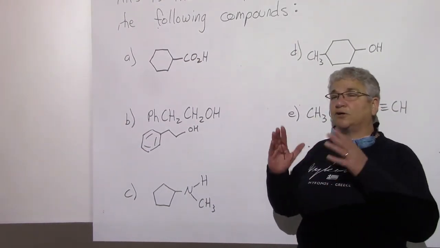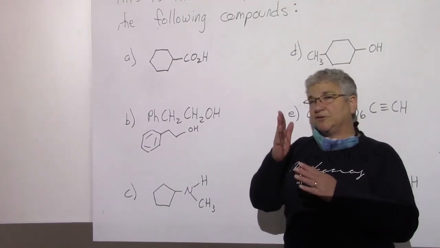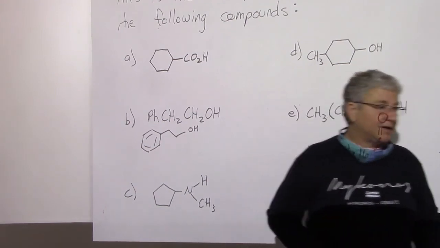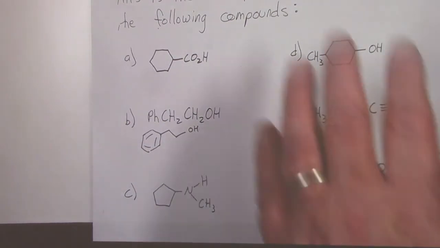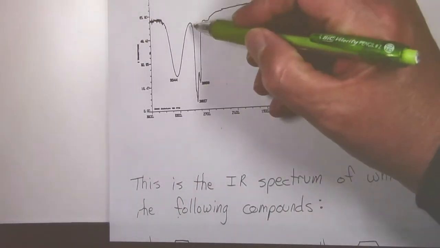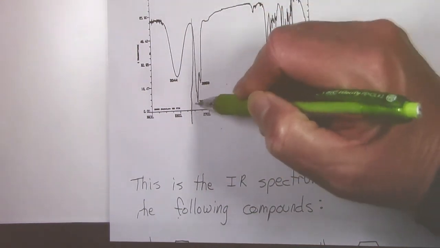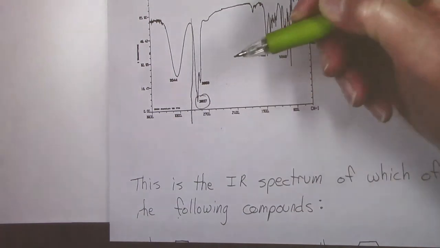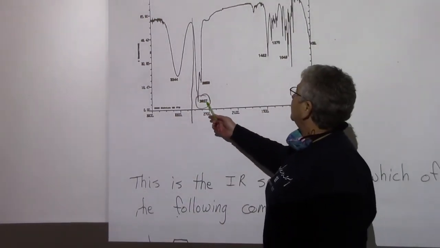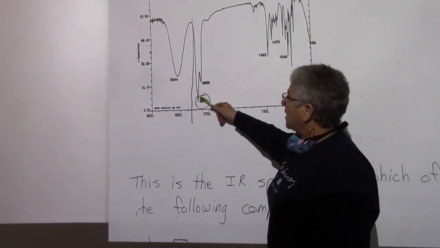So I have to look closely at that region where the CH stretches are to see the 3000 dividing line, and do I have peaks above it or not? And so when I go back to this spectrum, my 3000 line is going to be somewhere in there, but I can look at that and tell you that this is 2927, this is 2860, so these are all CH saturated.